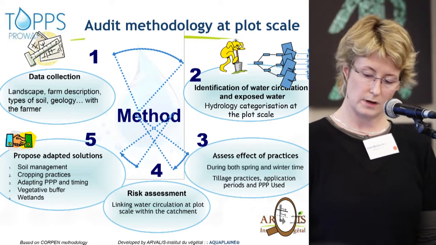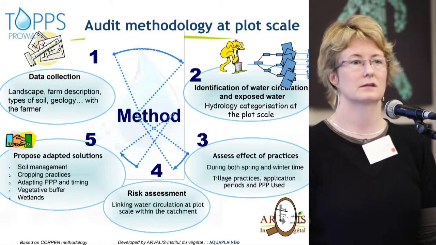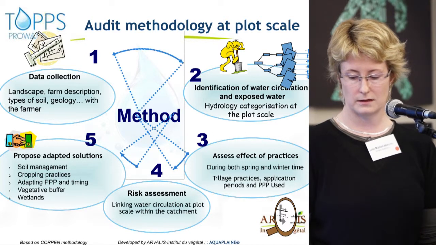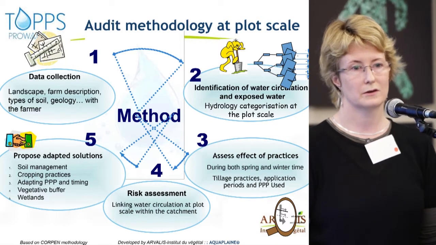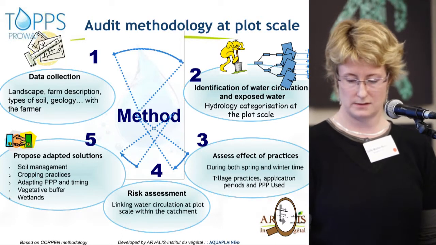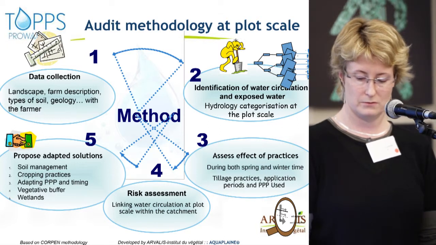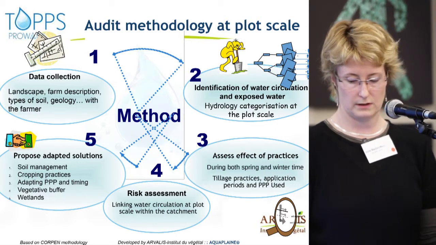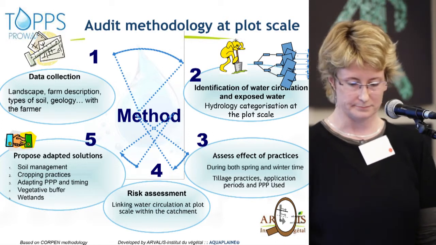Then, once you have identified the water pathway regarding soil and landscape characteristics, you can try to assess the effect of practices, mainly cover and tillage practices. This leads you to evaluate the risk regarding transfer of pesticides and to evaluate water circulation at plot scale, but within the catchment.